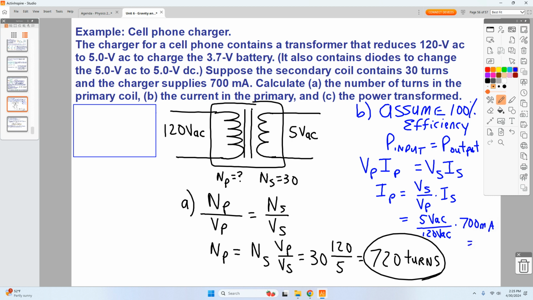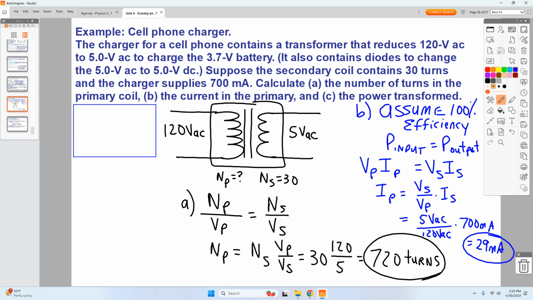When I'm done, I get about 29 milliamps. So the amount of current in the primary is only 29 milliamps, and that's to provide 700 milliamps at a lower voltage on the secondary side.